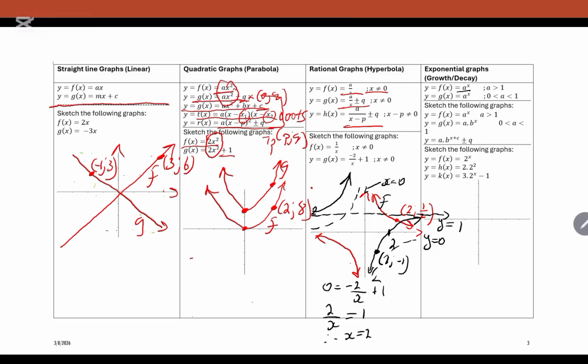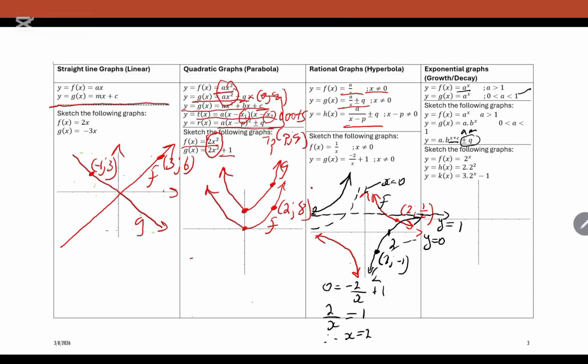And when a is a number between 0 and 1, which is a proper fraction, we've got a graph of decay. Various standard forms exist with exponential graphs because here a is given as a coefficient and the base of the graph is b. Therefore, this q here also constitutes the vertical shift, and the c up here constitutes the horizontal shift. So we're going to look at that just now.